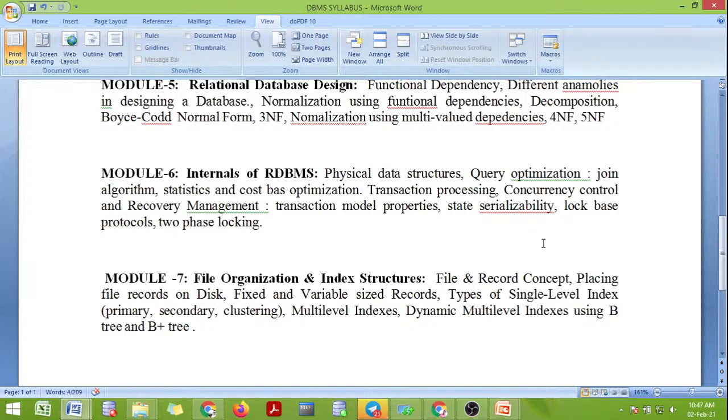And the last module, which is quite short, is module 7, file organization and index structure. Yes, I got your messages. Yes, I will surely share the PPT and the syllabus. Someone sent me a message, sir, can you share the syllabus or PPT?